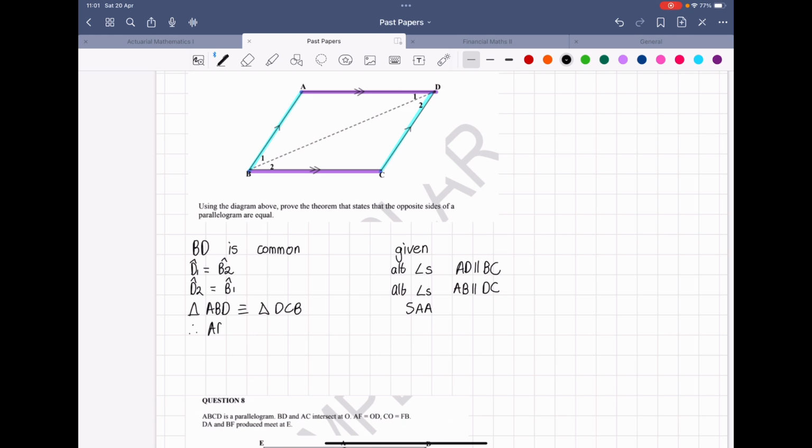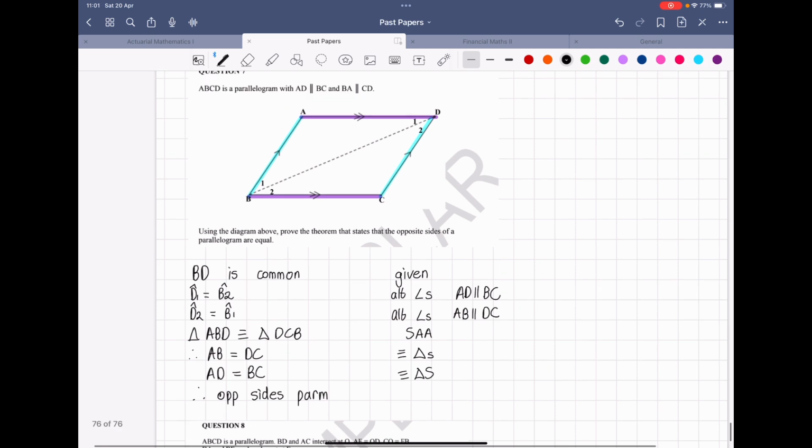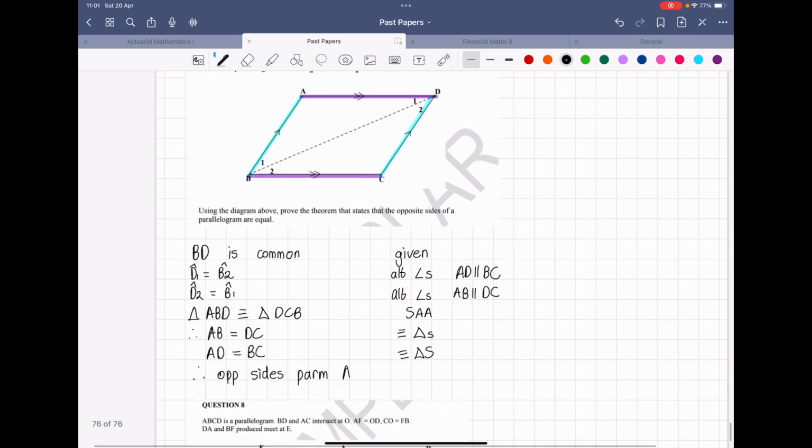Therefore, AB equals DC, and that's from congruent triangles. And AD equals BC, congruent triangles. Therefore, opposite sides of parallelogram ABCD are equal.